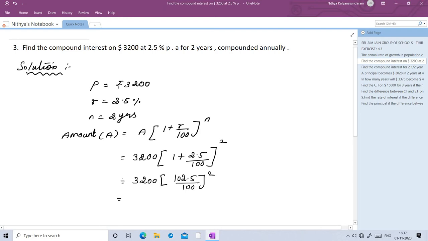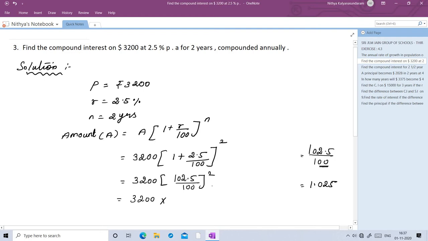Dividing by 100, the denominator has 2 zeros, so in the numerator we move the decimal point 2 places. Already we have 1 decimal, so 3 decimals. So the answer is 1.025 whole square.